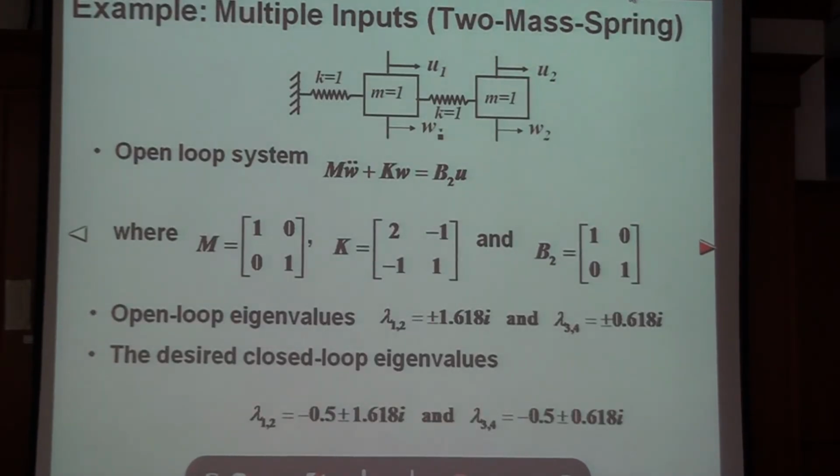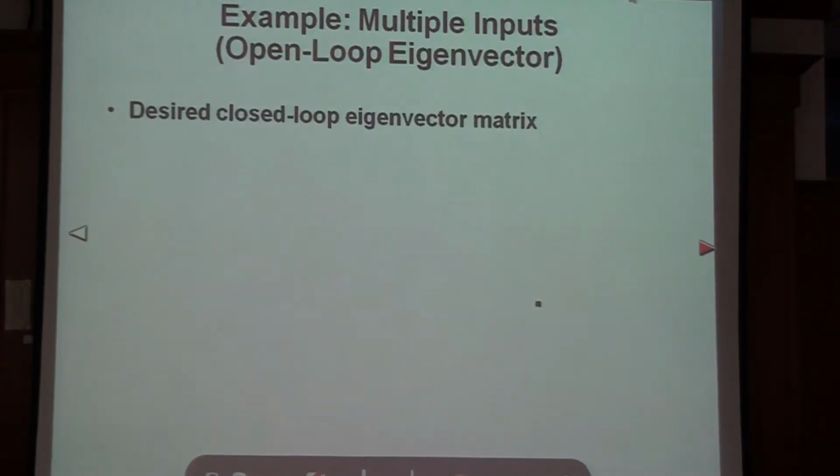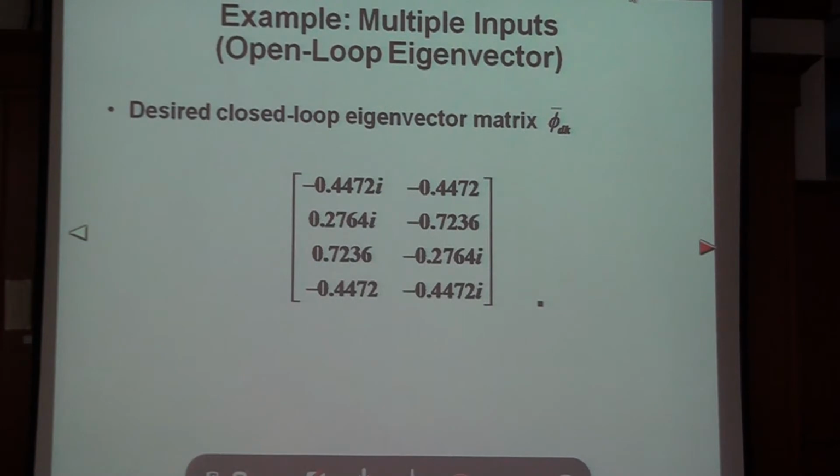I have two inputs, so B has two columns. See, my B has two columns. Two inputs. Now, with two inputs I get more freedom. Now, the closed loop eigenvalues, my desired ones. This is my desired closed loop eigenvectors.